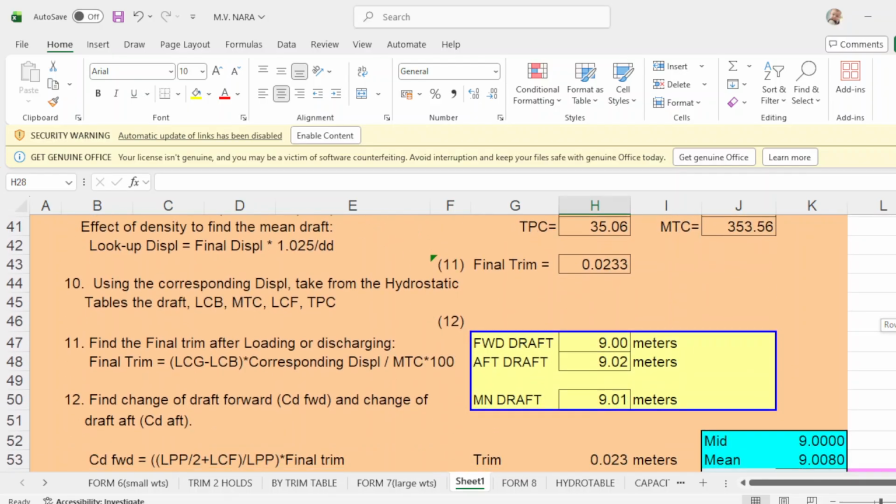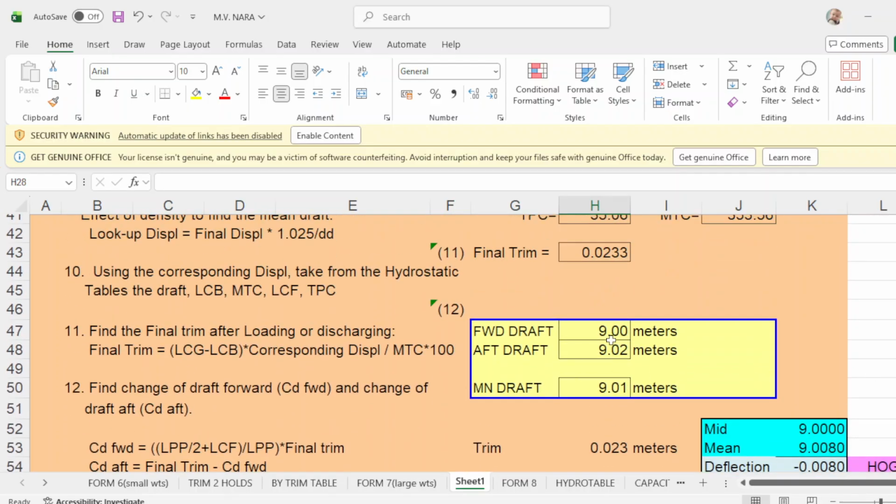And the forward draft will be 9 meters, aft draft will be 9.02, your mean draft is 9.01. It's only through the manipulation or execution of the algebraic operation that there's a difference here, but actually they should be of the same even keel.